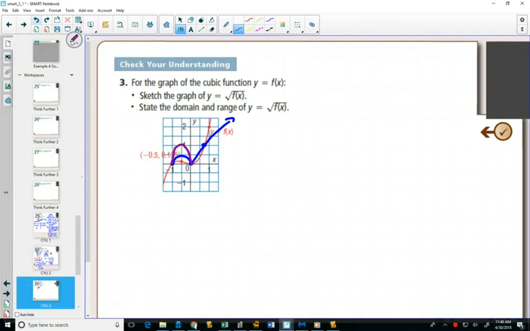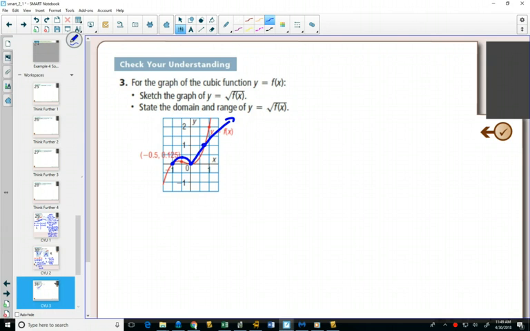If you went to your calculator and actually did the square root of 0.125, you get 0.35. So where this blue graph actually should be, I could take that point and go to 0.35, which would be about there. That's more accurate.